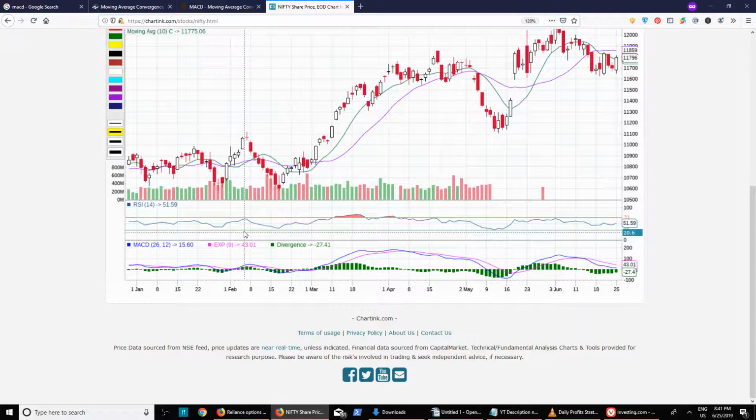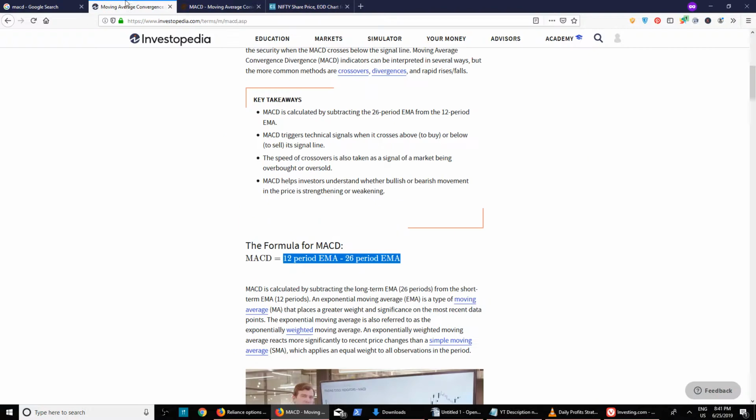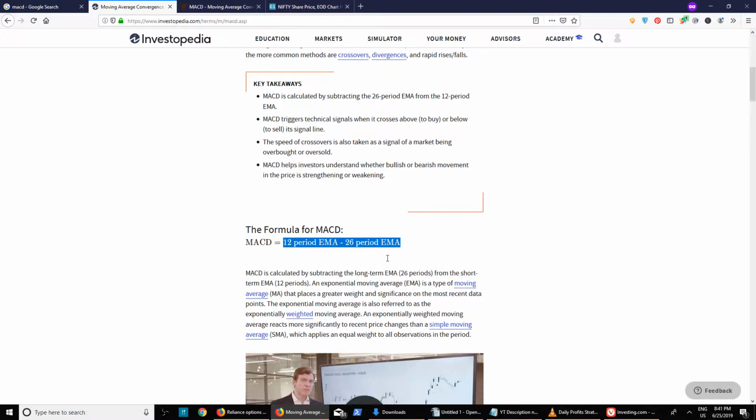It's based on your view on the market and also based on your trade, whether it is an intraday or a short-term positional or a long-term position. So this will give you an advanced indicator. So coming back, the formula for MACD is 12 period EMA minus 26 period EMA.